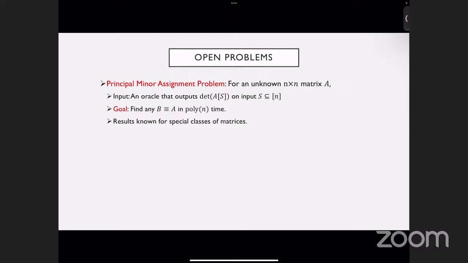And fortunately, the results are known for those classes for which principal minor equivalence testing was known earlier. So now we hope to solve this problem for the general class.